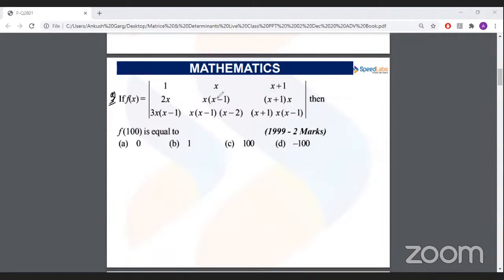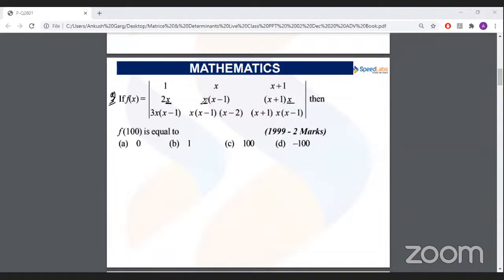If f of x is equals to this particular determinant, what will be the value of f of 100? Okay, so here what we will do, so you can clearly see that from the second row, I can take x common, right?